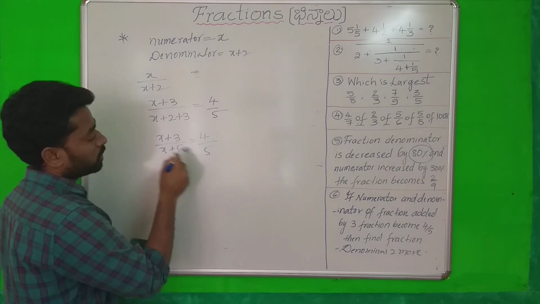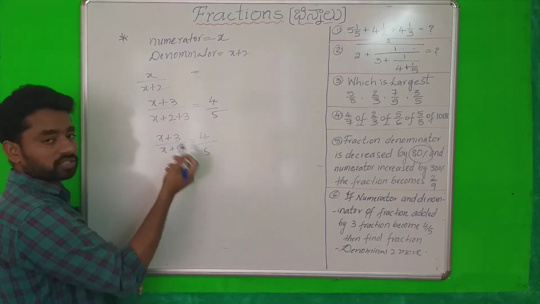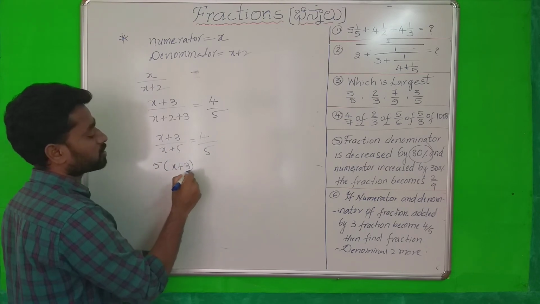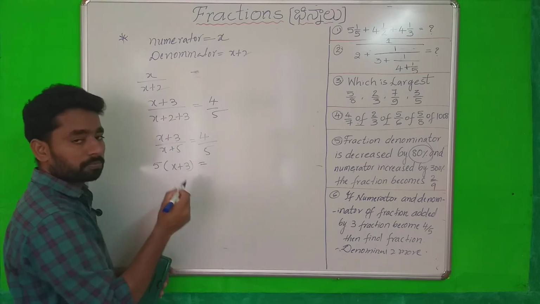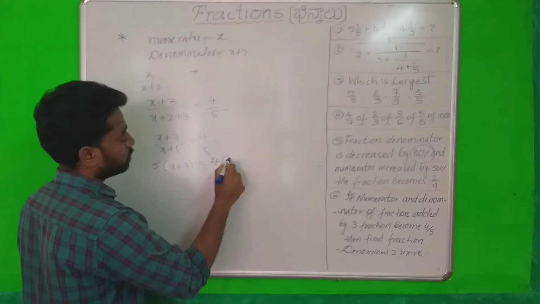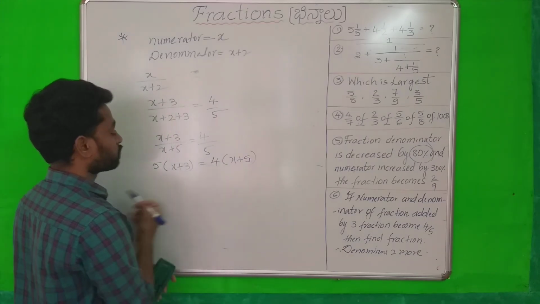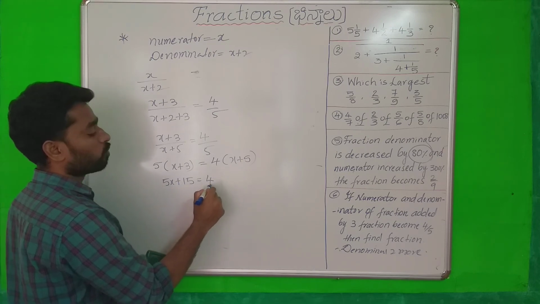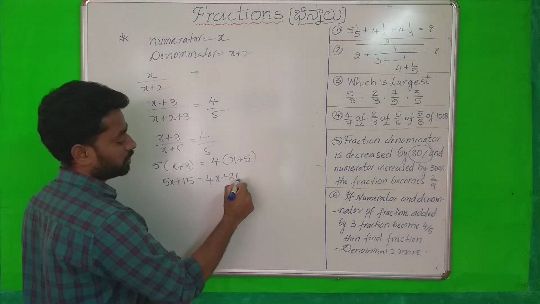Now do the cross multiplication, because it is a single variable. 5 into x plus 3, it is a binomial, so you need to write brackets. 4 into x plus 5, so 5x plus 15 and 4x plus 20.